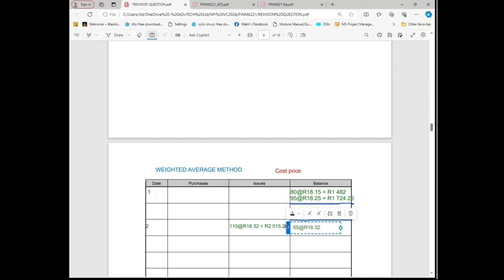The price is still the same. And how much? It is 1,190.80. That's the new balance that we are left with.